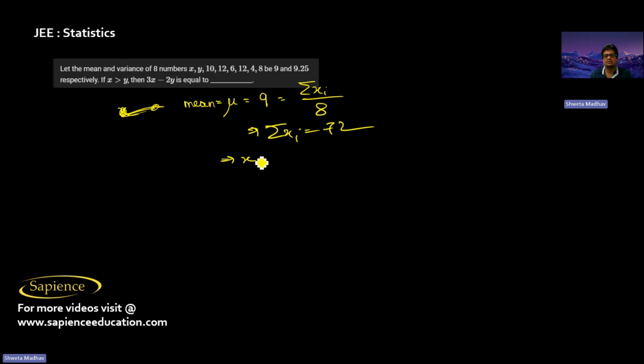It means that x plus y plus 10 plus 12 plus 6 plus 12 plus 4 plus 8 is equal to 72.